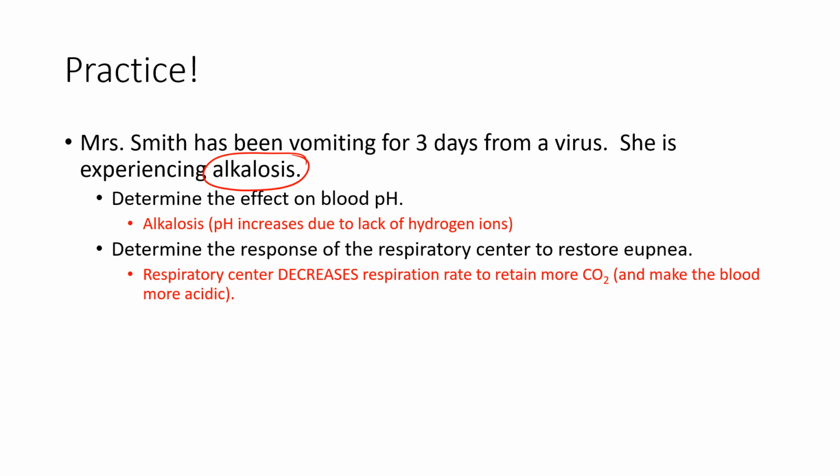And the way to change our blood pH, if you can't do it through other means, is to change your respiration rate. So you'll notice here, this is kind of wacky, isn't it? If you have been vomiting, you'll notice the respiration rate will decrease. This person's going to hypoventilate, and that will help them to retain more CO2 and retain more hydrogen ions in their bloodstream.